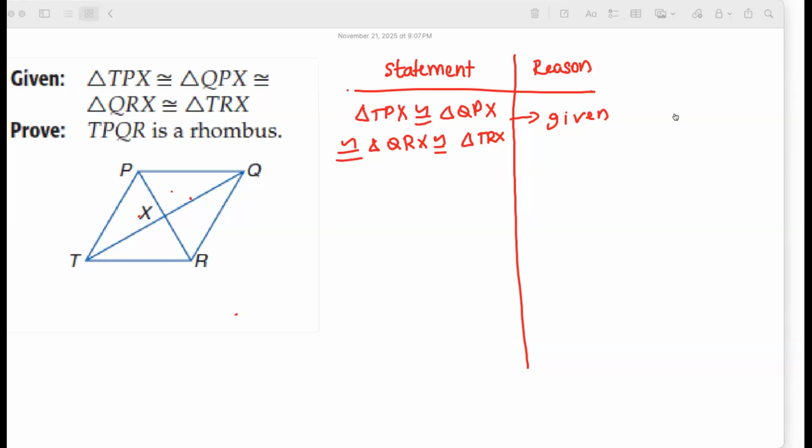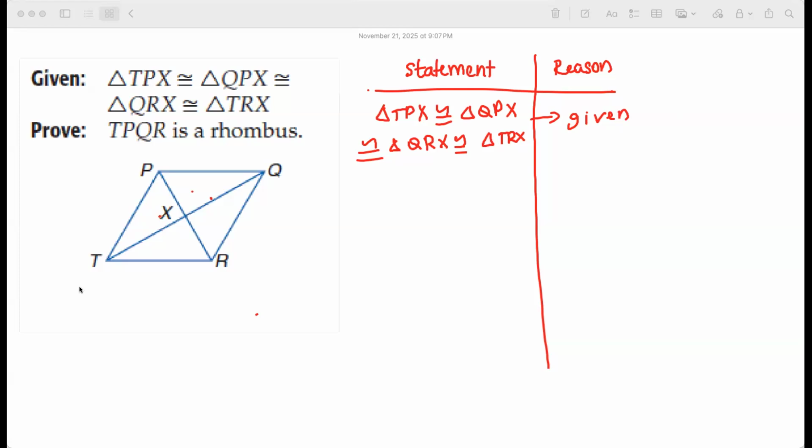The triangles are all congruent, right? What does it mean? See, that's the clue there. This is congruent to this. That itself means TP, the first two letters, are congruent to QP.